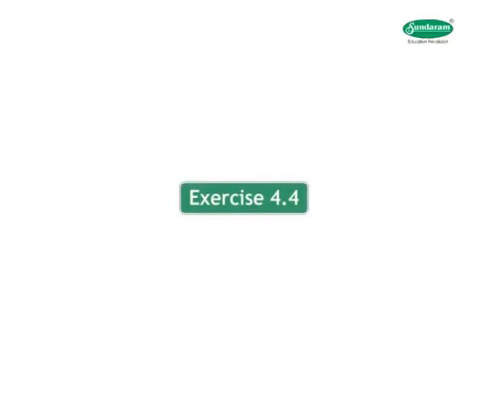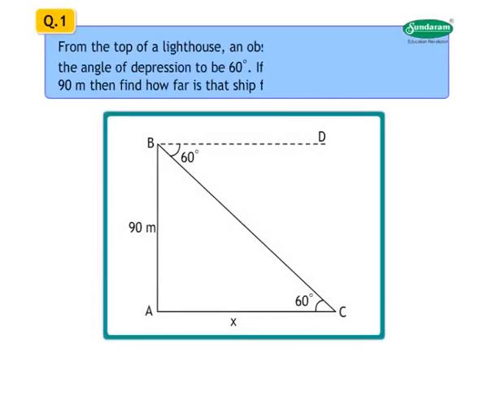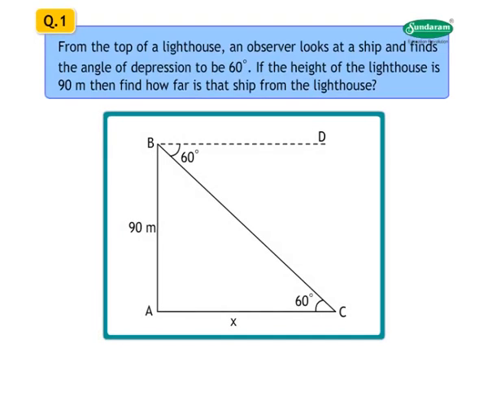Let's solve exercise 4.4. Number 1. From the top of a lighthouse, an observer looks at a ship and finds the angle of depression to be 60 degrees. If the height of the lighthouse is 90 meters, then find how far the ship is from the lighthouse.